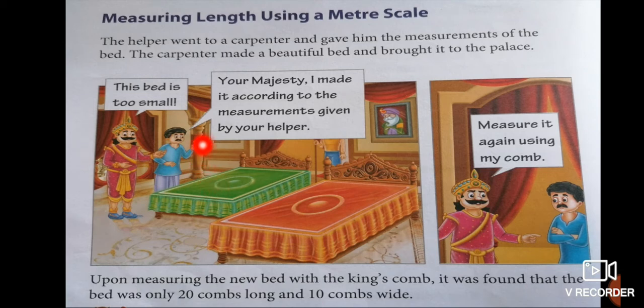The carpenter said, Your Majesty, I made it according to the measurements given by your helper. Measure it again using my comb, Aditya said. Children, upon measuring the new bed with the king's comb, it was found that the bed was only 20 combs long and 10 combs wide.